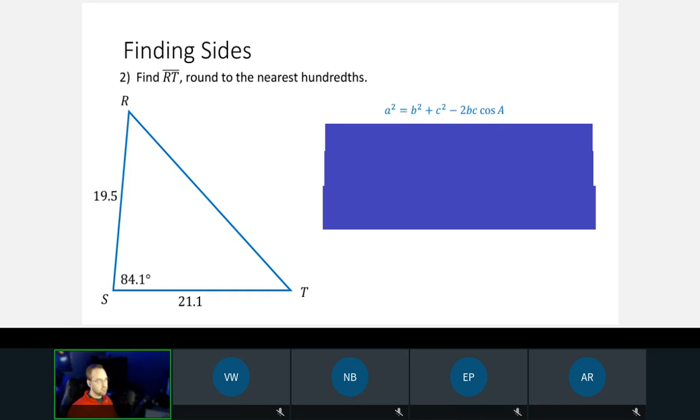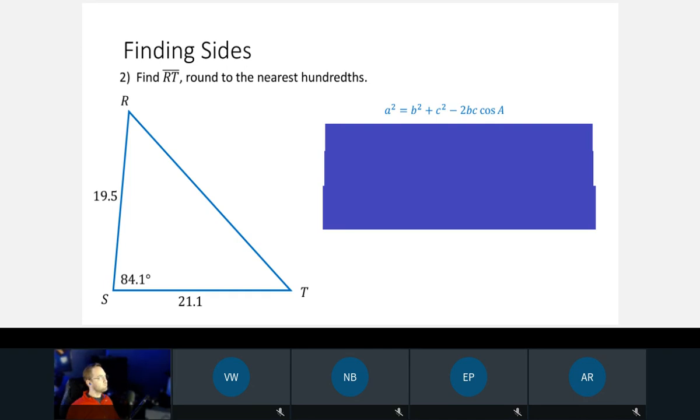I don't always see chat. All right, so time is up. You put RT in the question with a bar over it, but shouldn't it be RT without a bar?